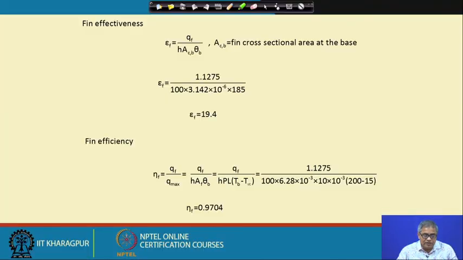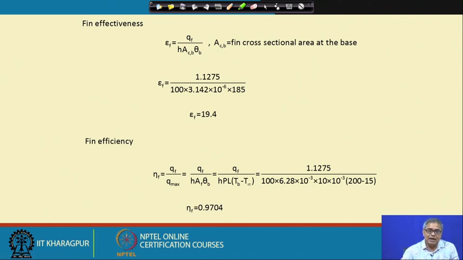Now, for the single fin, we can find out the fin effectiveness: what is the heat transfer with the fin and what is the heat transfer without the fin, using the formula which I have already told, and here also I have written. So, it is coming 19.4. So, in simple words, what does it mean?